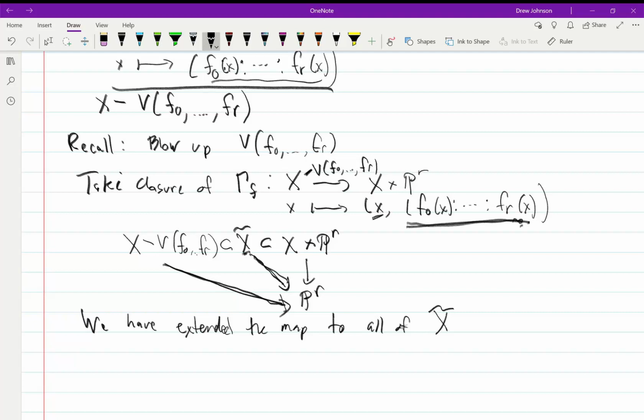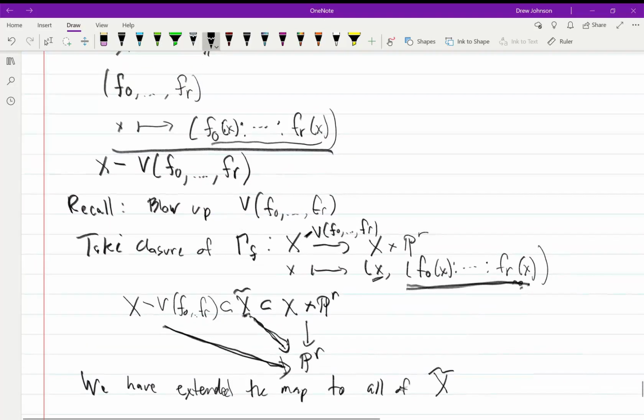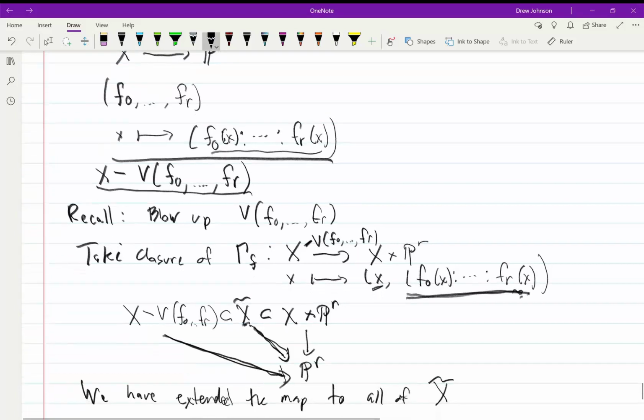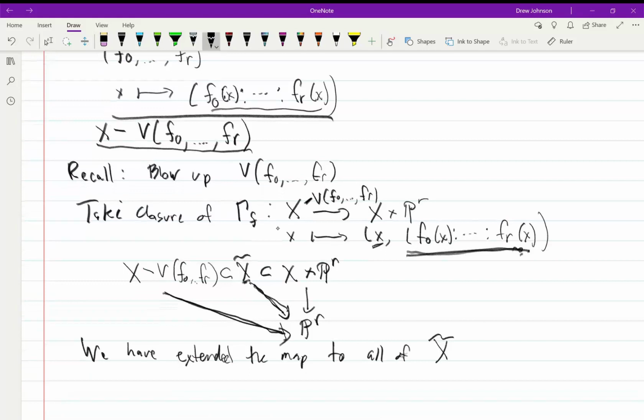All right, so just to summarize, we started out with this map here. It was not defined on all of X. It was only defined on X minus this vanishing locus. Maybe you can't extend it to X, right? There might be some problem with continuity or something, so it's impossible to extend it to all of X. But it is always possible to extend it to the blow up of X. I mean, why would you want to do that?